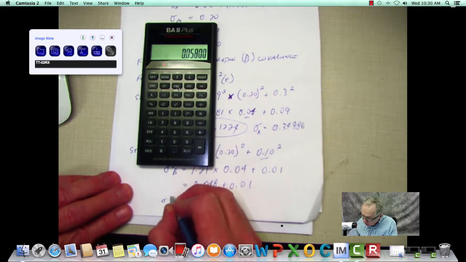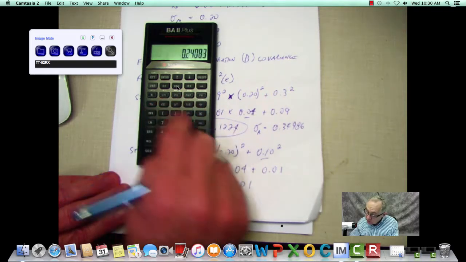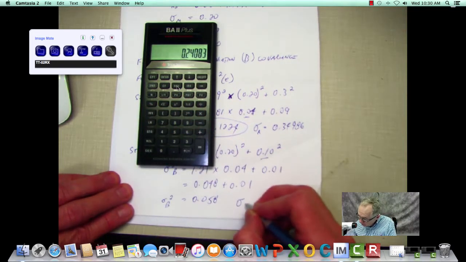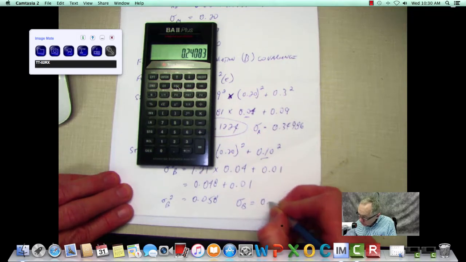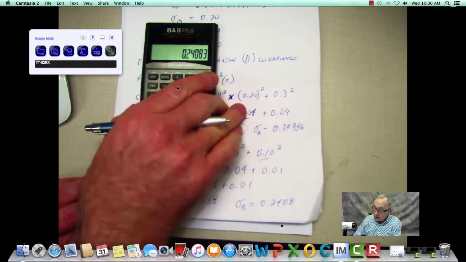And this then is our variance for stock B. And if we wish to, the square root of that would be the standard deviation for B, 0.2408 to 4 decimal points.